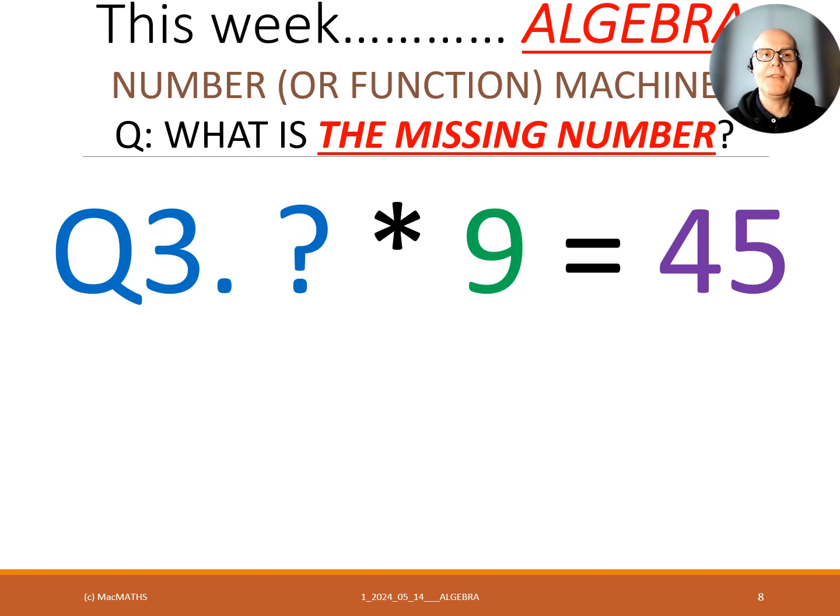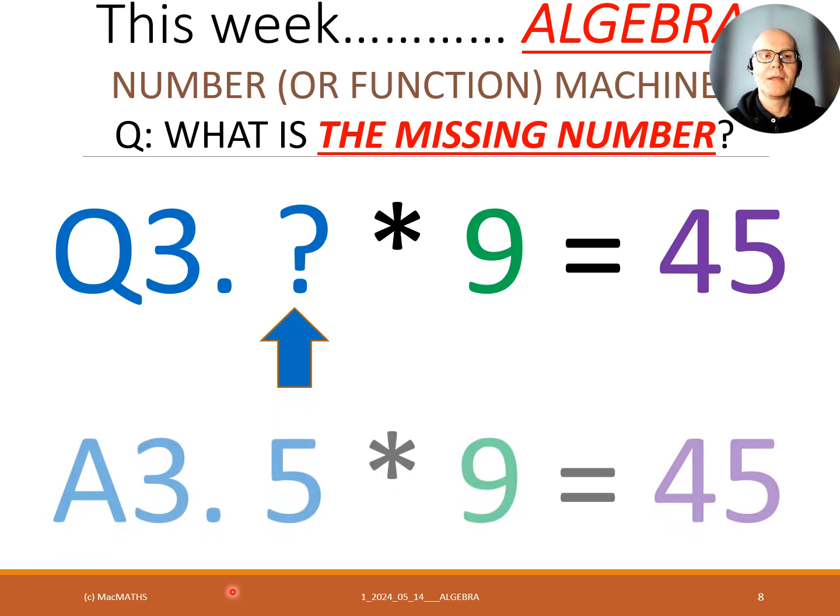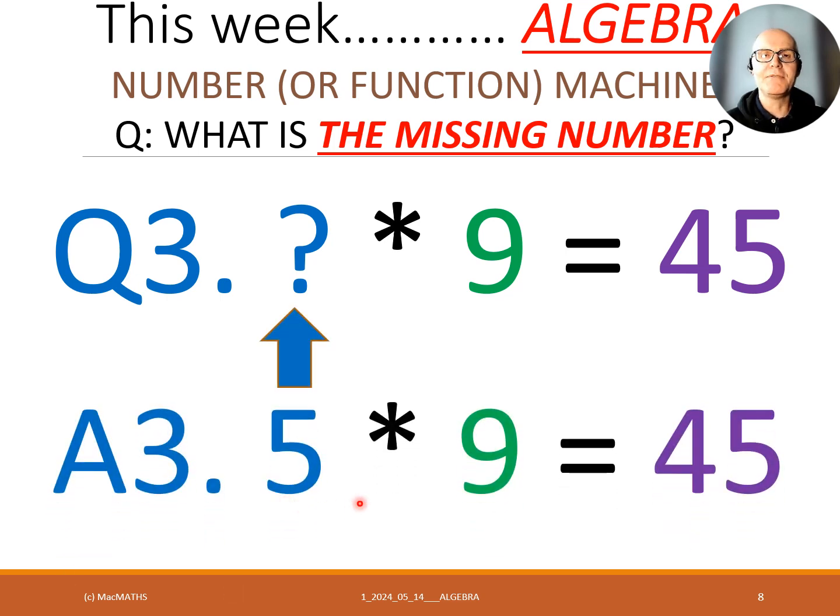What's the missing number in this number machine? Blank times 9 equals 45. It's 5. 5 times 9 equals 45.